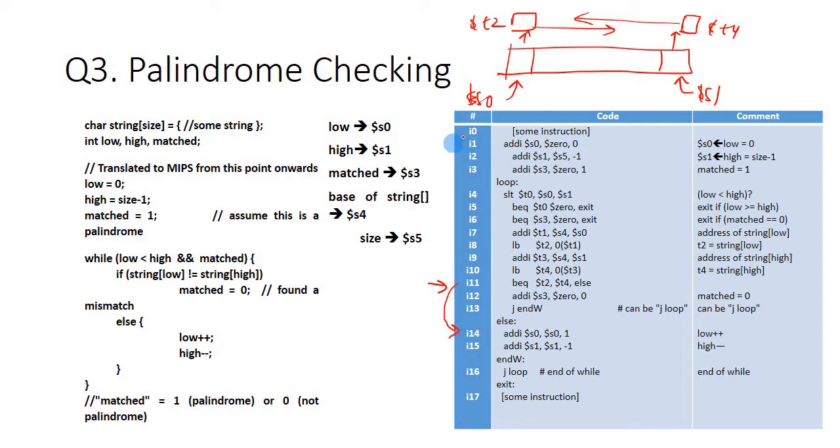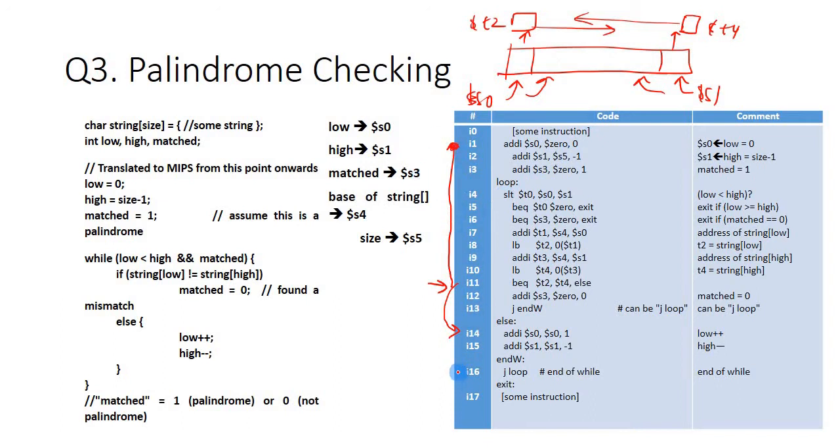So basically I start from line 1 all the way to here. If it is a palindrome, I will jump to instruction 14, increment S0 and decrement S1. That means if it's a palindrome, then I must still carry on checking. So I move my S0 and decrement my S1, and again I do the same thing, load to T2, load to T4, which is everything here.